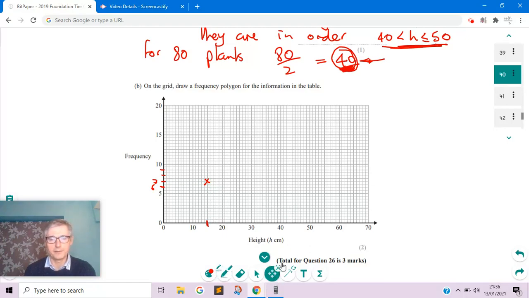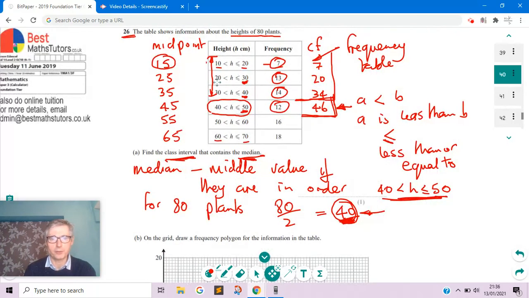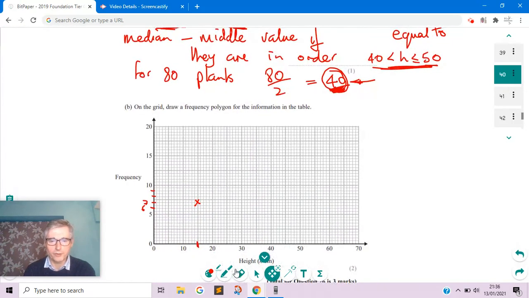And then the next group is going to be 25 and 13. So I'm going to plot that. 25 and 13. So 13 is going up, that's 11, 12, 13. So it's going to be there. And so on.